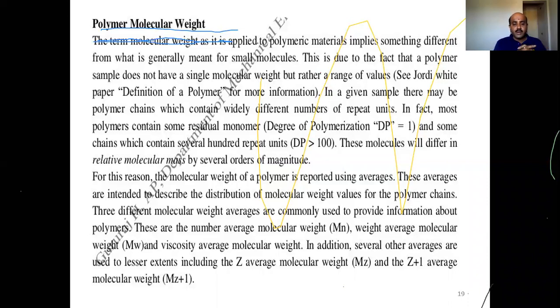There are three different molecular weight averages generally provided. One is the number average molecular weight, Mn. The second is the weight average molecular weight, Mw. And the third is the viscosity average molecular weight. So three different averages are generally calculated for polymers, not only one molecular weight.